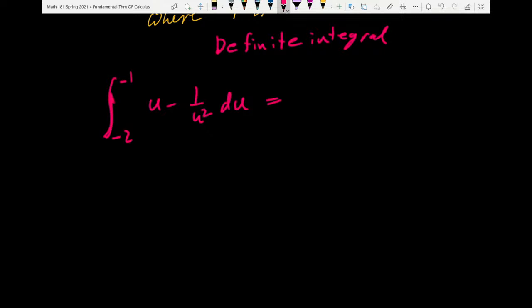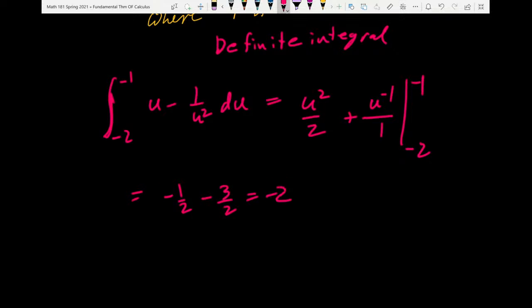Let's do the antiderivative for those. We get u squared over 2 plus u to the -1 over 1, from -2 to -1. If we just plug it in, you will eventually get -1/2 minus 3, which is -2.